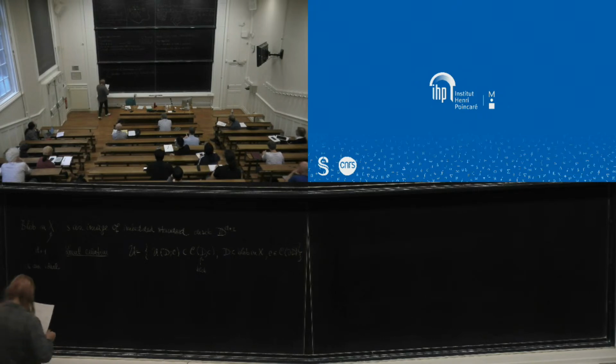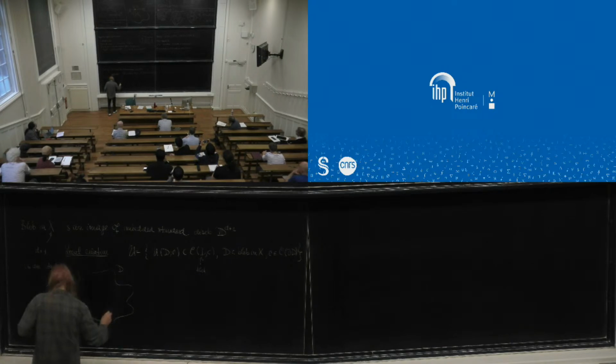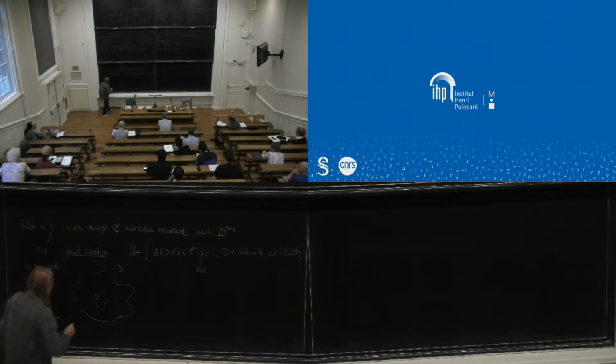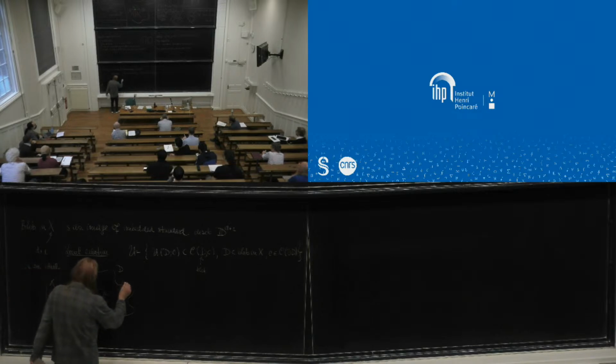Namely, what I want: suppose that I have the following picture. This is my manifold X. I have a blob D, and inside I have another small blob D prime with a field C on the boundary of the small blob, and another field, D, on the boundary of the big blob.